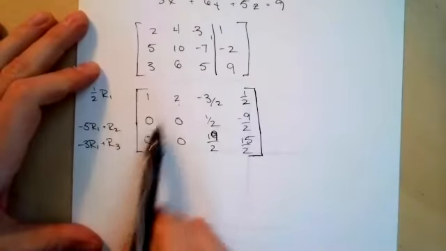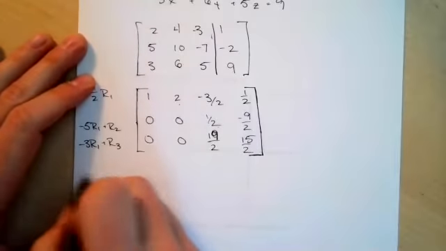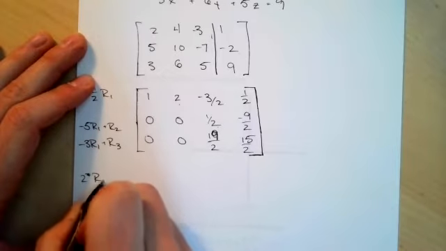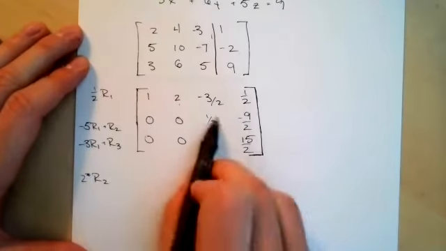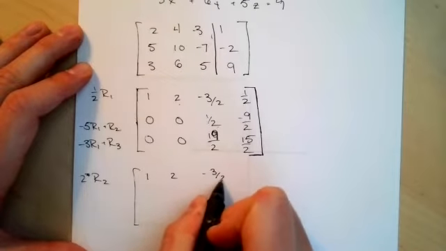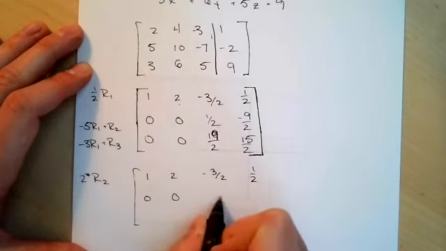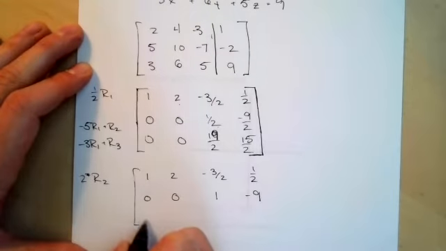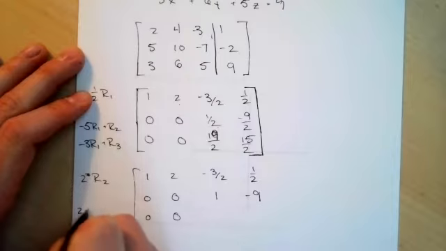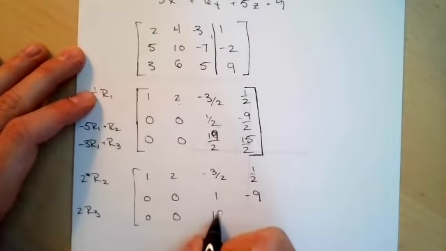So we've got our row echelon form started here. Unfortunately, what's going to happen, so let's do 2 times row 2, because we want a 1 in the leading position. And then we can also do 2 times row 3, just to get rid of those denominators.